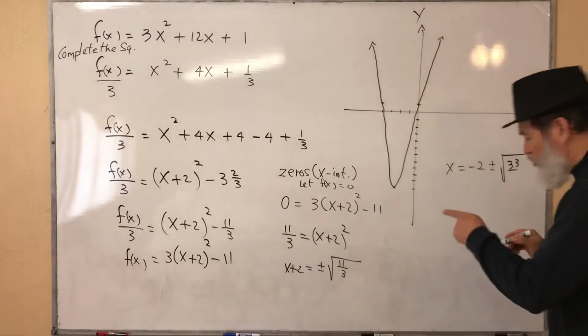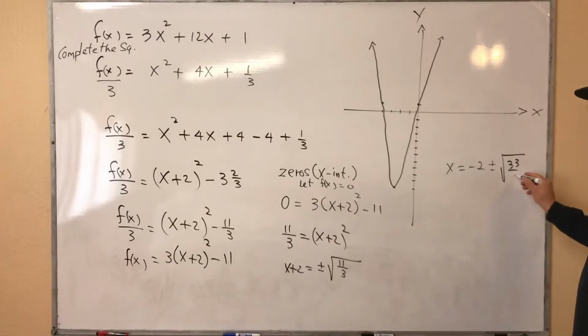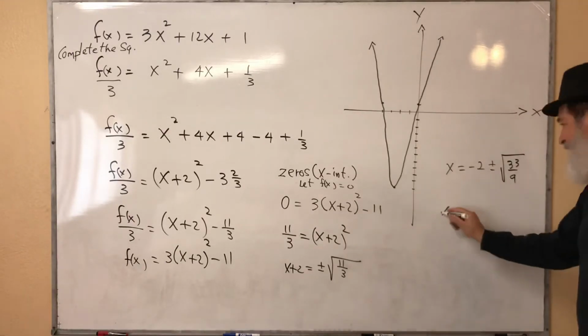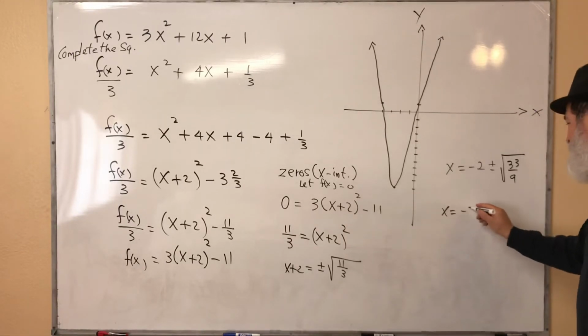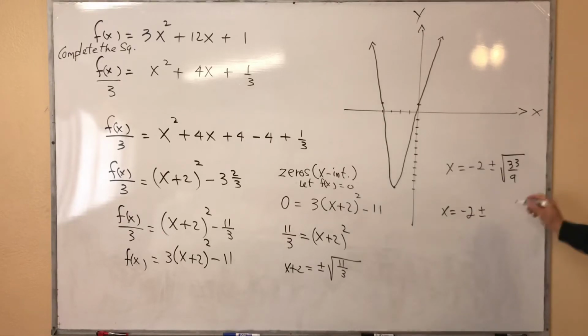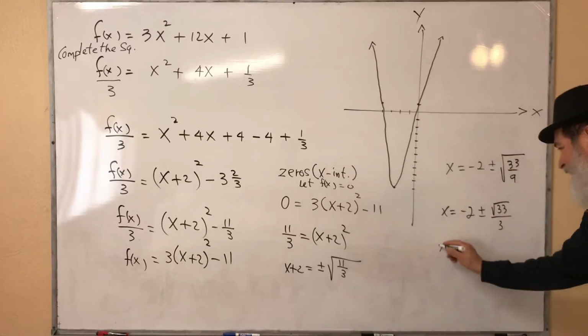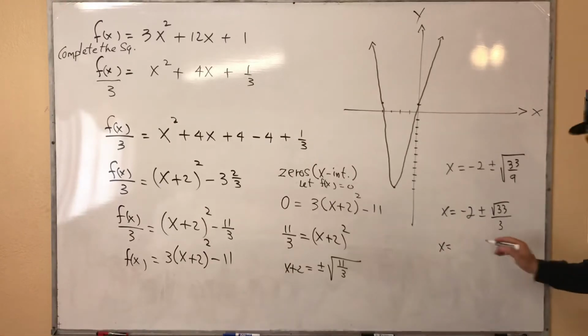Multiply the bottom by 3 and I get 9. Okay, so x equals negative 2 plus minus the square root of 33. And what is the square root of 9? 3.